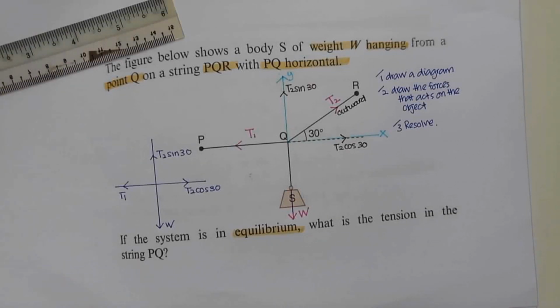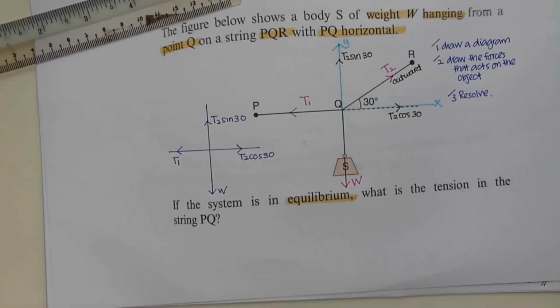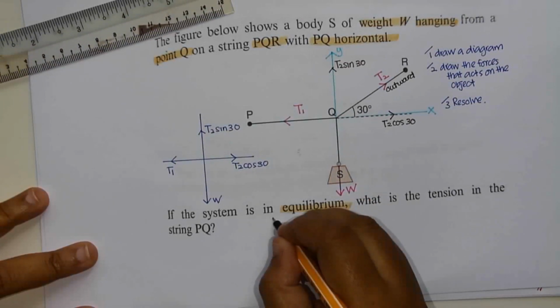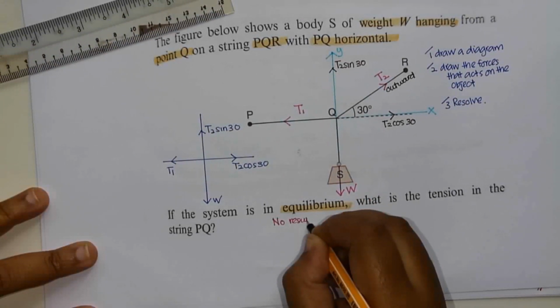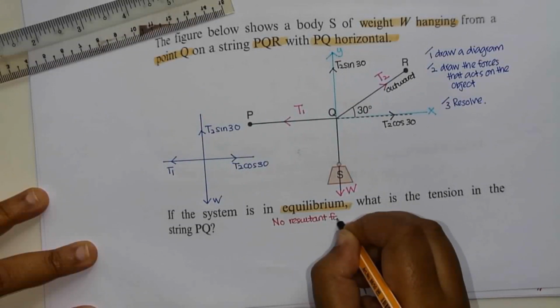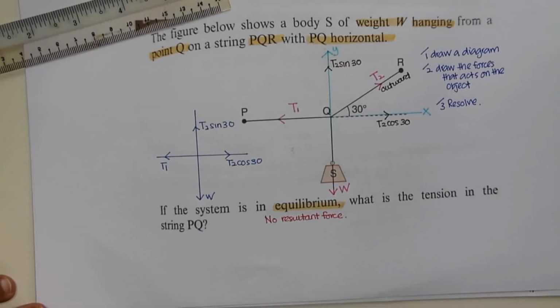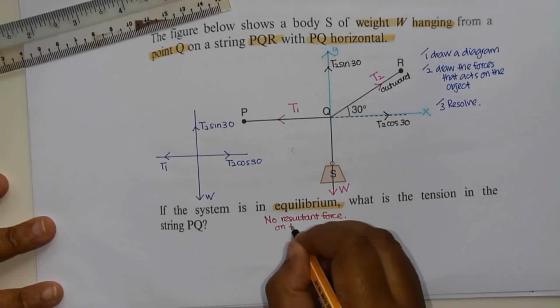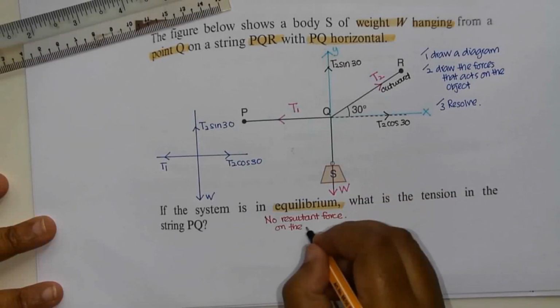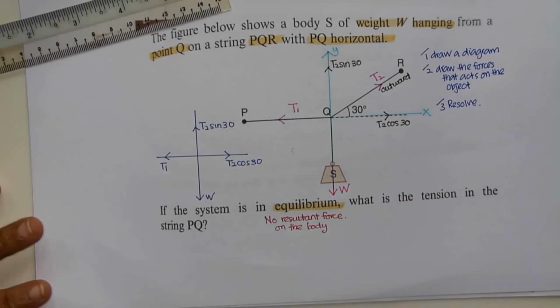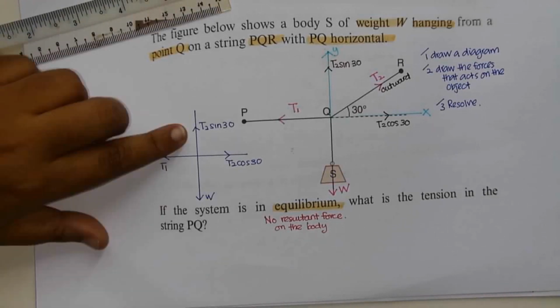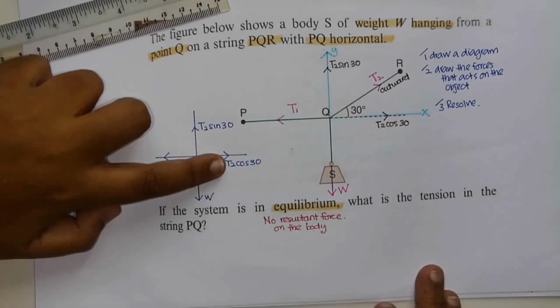By the concept of equilibrium, the condition is no resultant force, or you can say the forces are balanced, or no resultant force on the particle or on the body. That means upward force equals downward force, left force equals right force.